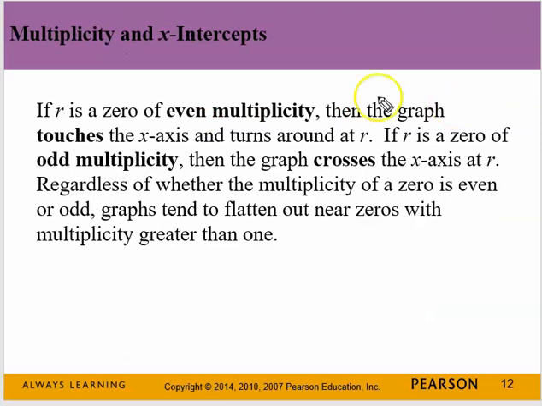And here we see it defined now, multiplicity and the x-intercepts. If our value is a 0 of even multiplicity, that is, it's going to go x equals negative 2, x equals negative 2, instead of crossing, it just turns around and in a sense bottoms off or tops off, depending where it's located, the x-axis as I just described.